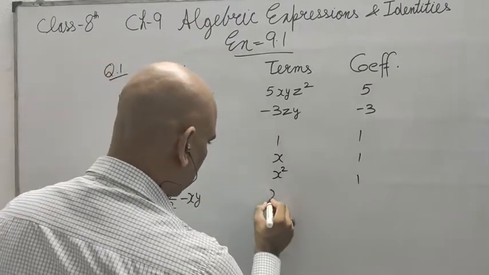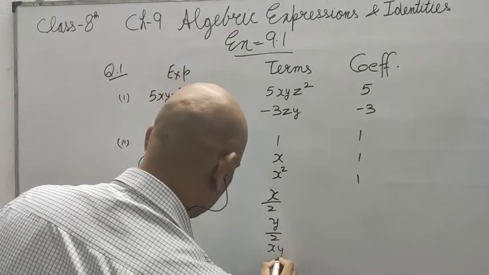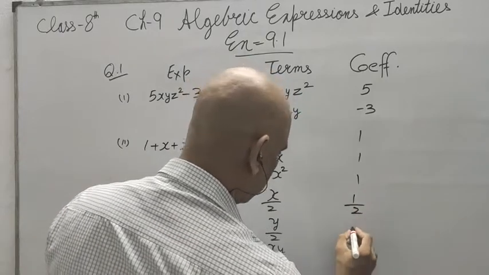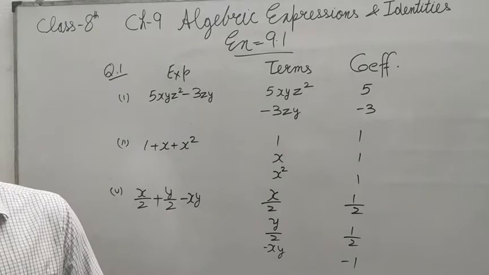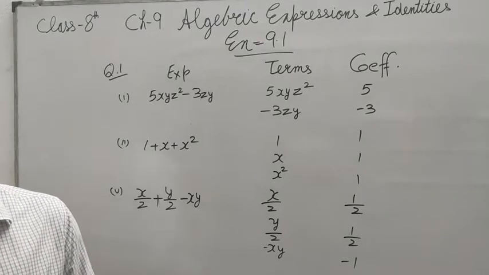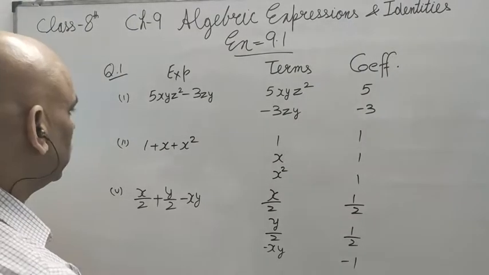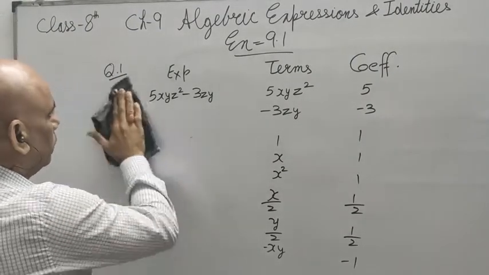So the three terms are x by 2, y by 2 and minus xy. The coefficients here will be 1 by 2, 1 by 2 and minus 1. So this way you are going to solve your question number 1. I am very sure you all can solve it very easily. This was question number 1.